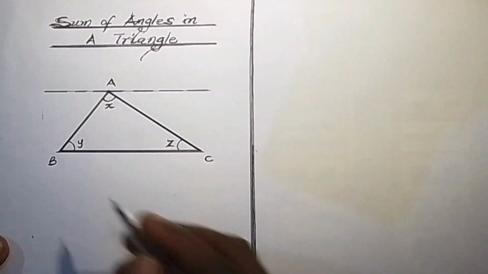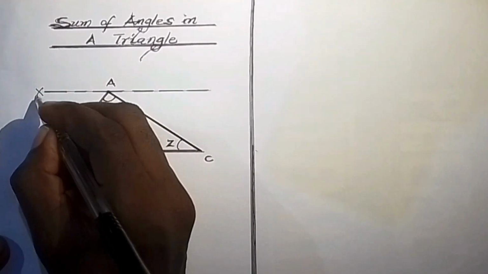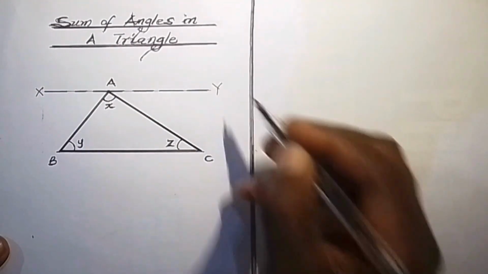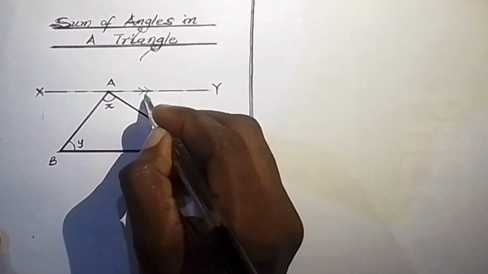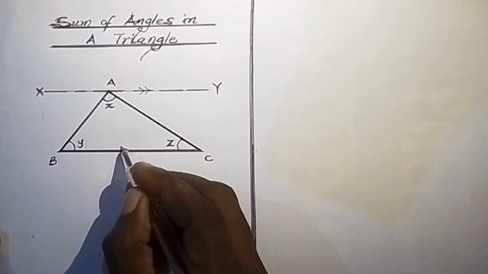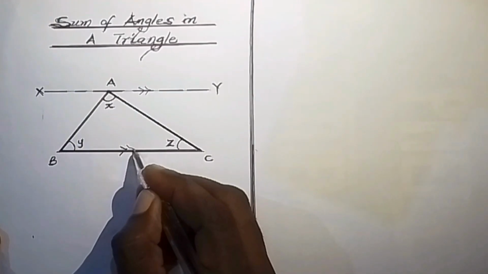So let's call the line XY. Note that line XY is parallel to line BC.